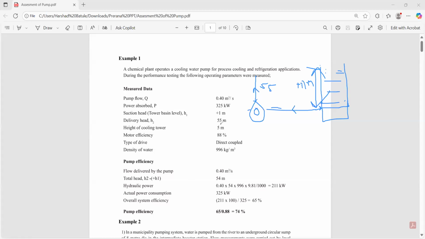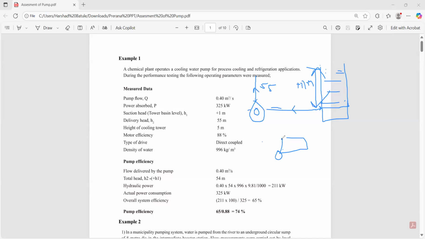In this example, they have given the height of the cooling tower, but this data is not required, because whatever the height of the cooling tower, water will flow from nozzles, then fills, and then it will be stored at the basin level. So there will not be any requirement of the height of the cooling tower if your water is in a closed loop. Let's say this is your closed loop, and somewhere here is your pump.